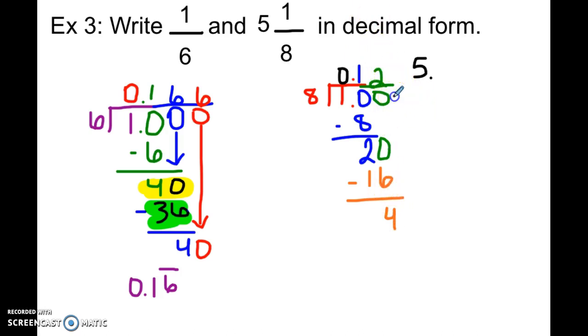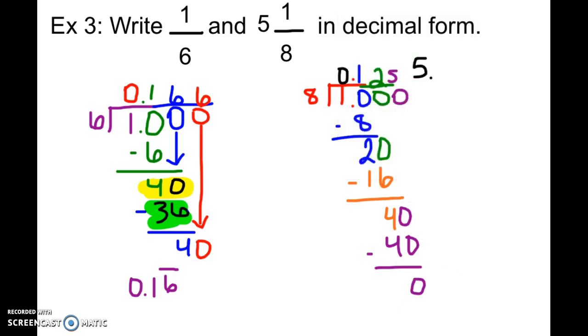Then, let's see, bring down another 0. 8 goes into 40 5 times, and that goes an even amount of times. So this is a terminating or a stopping decimal here, since we end up with a remainder of 0.